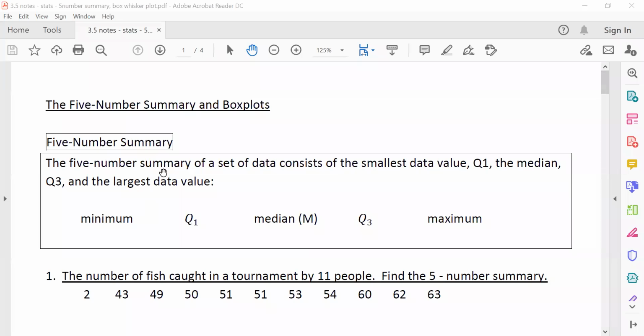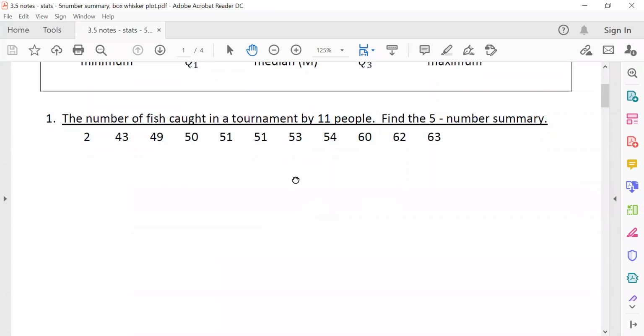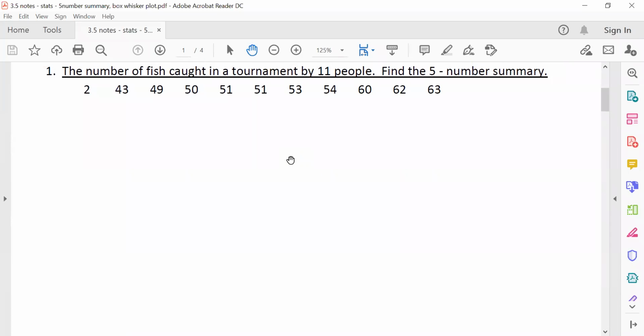So those are the basics behind all of this. Now, let's say you have this set of data, the number of fish caught in a tournament by 11 people. Find the 5-number summary.